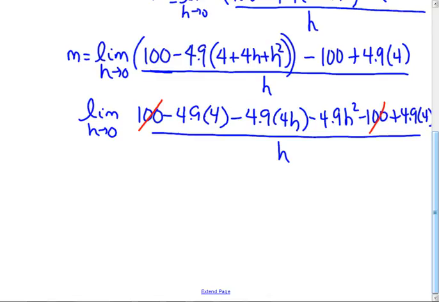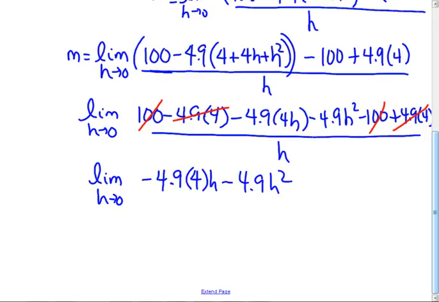What about the 4.9 times 4? Yes. Okay, I'm still going to have to do 4.9 times 4. We're going to do it without a calculator because we can. I'll show you how. 19.6. It's minus 4.9 times 4h minus 4.9h squared all over h.